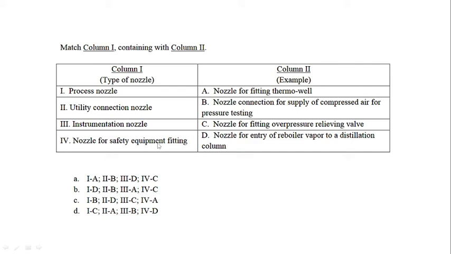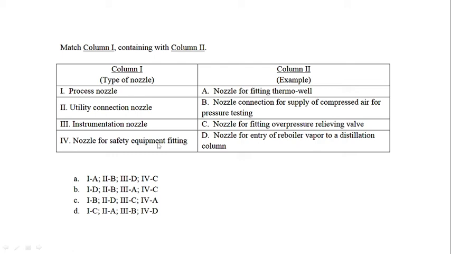Next one, choose the incorrect statement among the following. Option A, an open loop will contain only measurement and indication of its process variable. Option B, a feedback control loop will always incorporate a controller. Option C, error is the difference between set point and the measured variable.